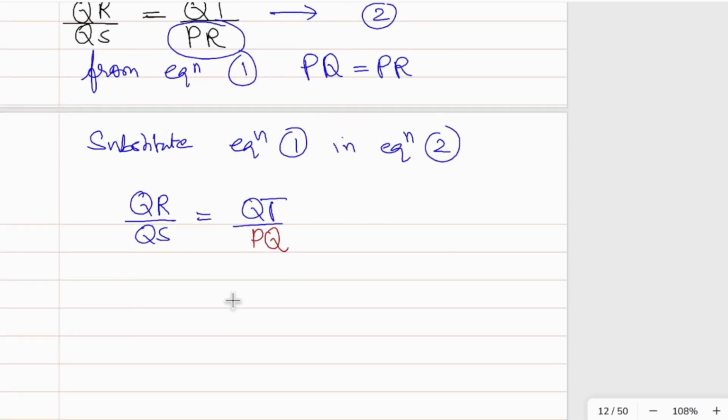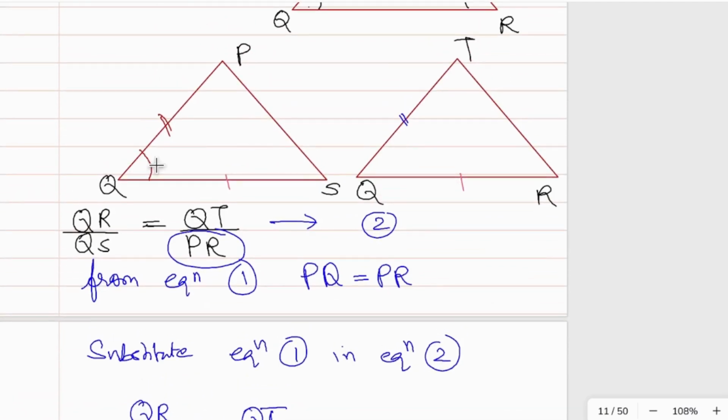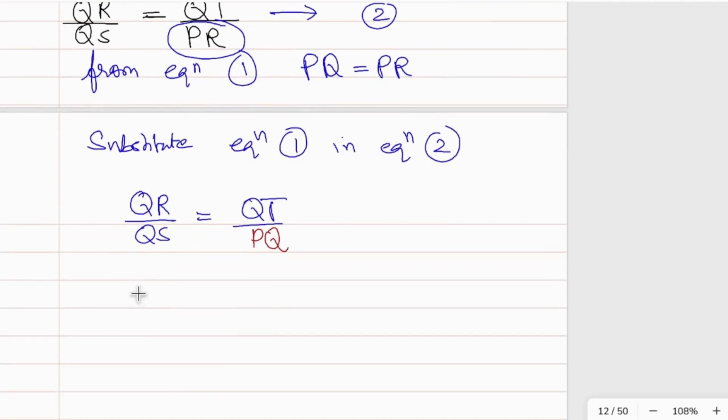So now I can tell that two sides are proportional, and if I'm looking here in both the triangles, Q is coming as a common angle. Therefore, I can write angle Q equals angle Q. Yesterday we learned if two sides are proportional and the corresponding angle is equal, then those two triangles will be similar.